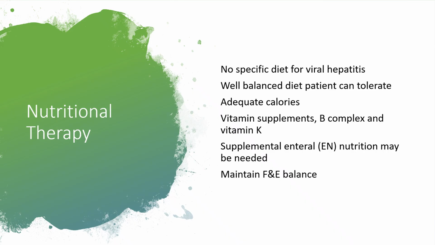The patient may receive vitamin supplements, particularly B complex and vitamin K. If anorexia, nausea, and vomiting are severe, we may give IV glucose solutions or supplements with enteral nutrition, and then fluid and electrolyte balance must also be maintained.